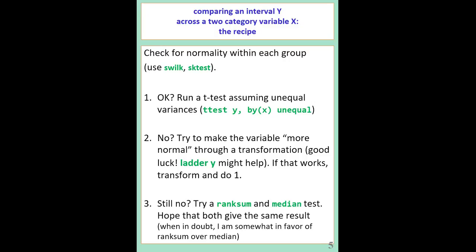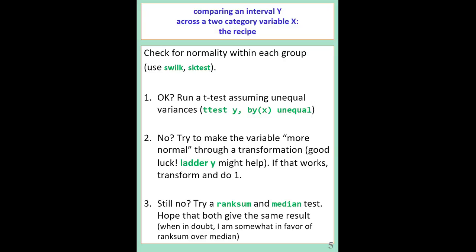If it doesn't work out, so you check for normality in both of these groups, then you could try to make sure that the variable that you had, that y, you transform it in some way. Take the square root of y, or the log of y, or something else of y, in such a way that it now is a normal distribution, or at least close enough to a normal distribution. If that works, great.